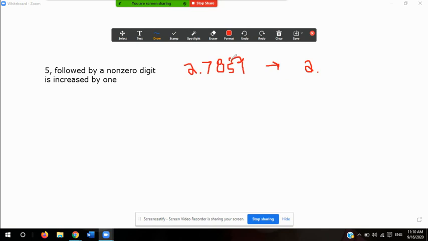So that indicates that I would have to increase it by 1. So then my answer would now be 2.79.